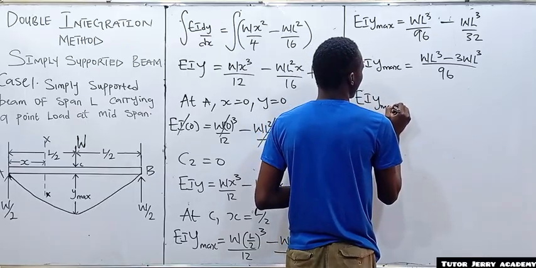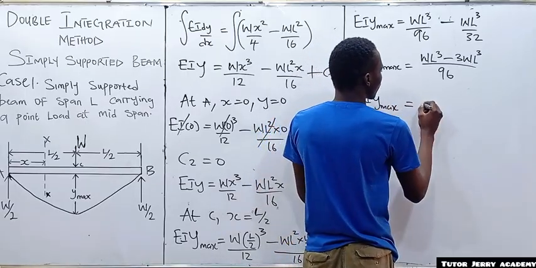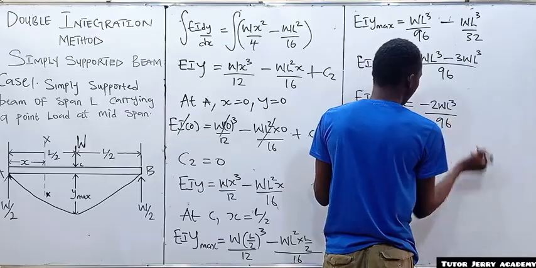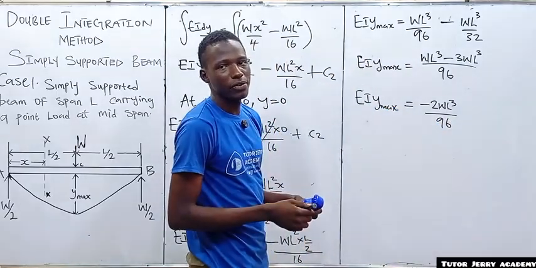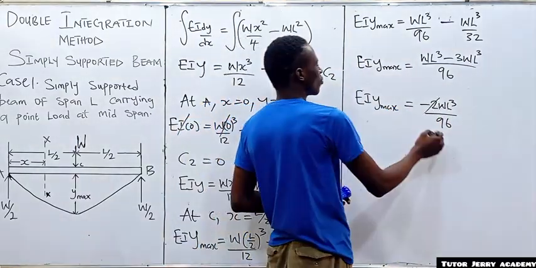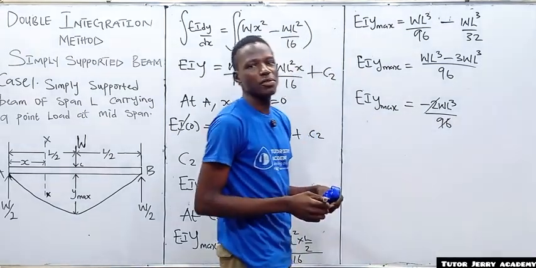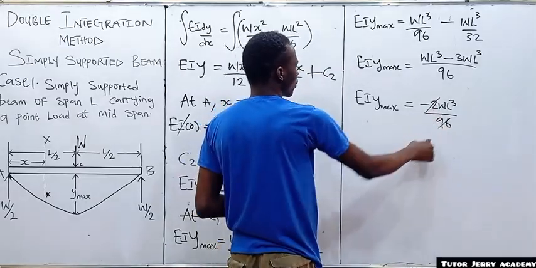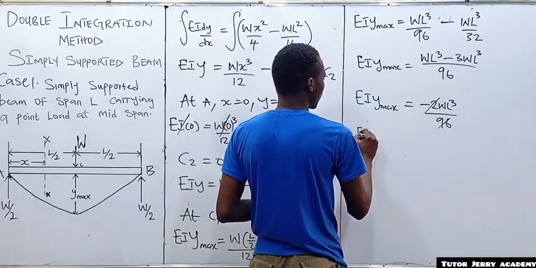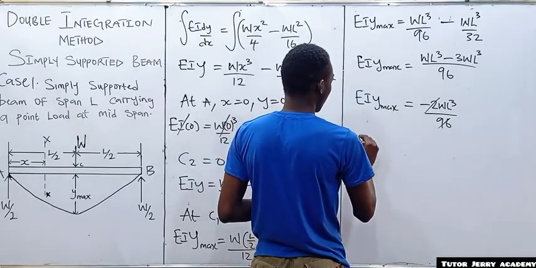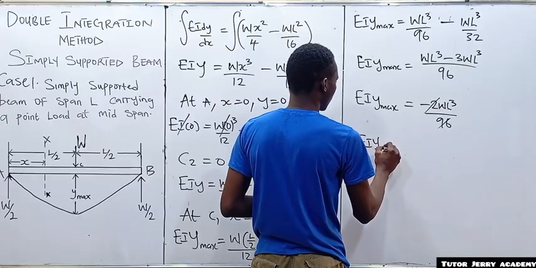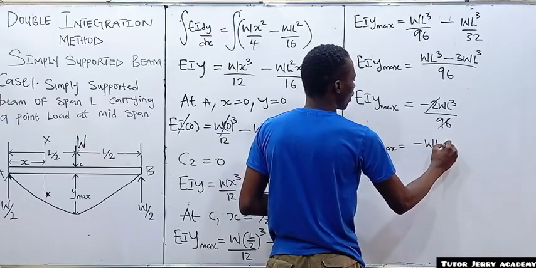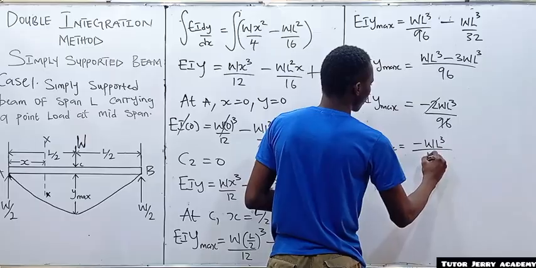So EI y max here is equal to minus 2 W L to the power of 3 all over 96. 96 divided by 2 is 48, and 2 divided by 2 is 1. So our EI y max will be equal to minus W L to the power of 3 all over 48.